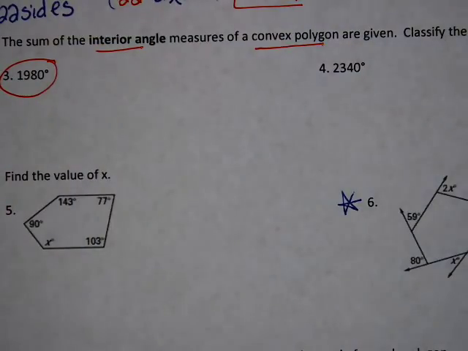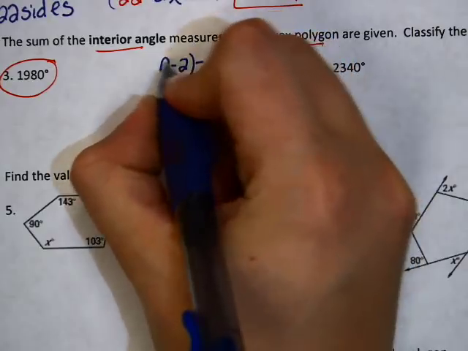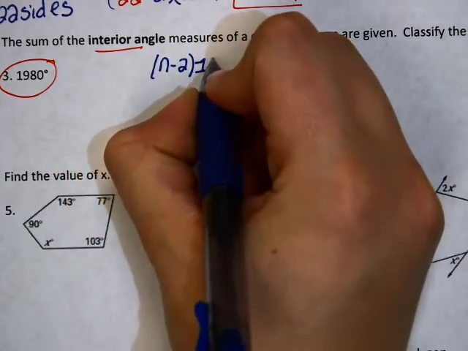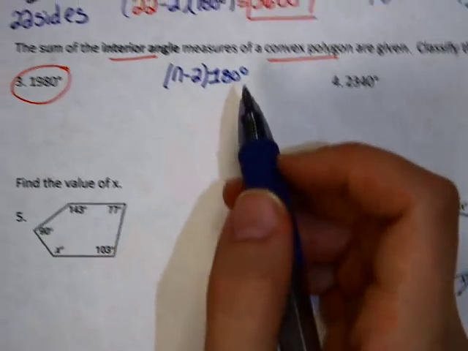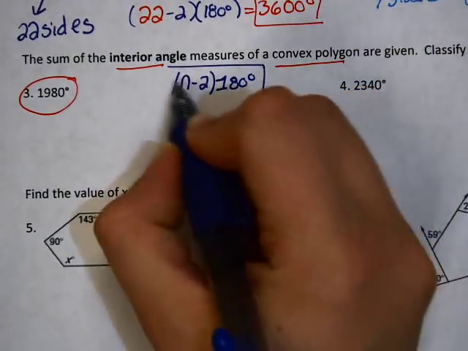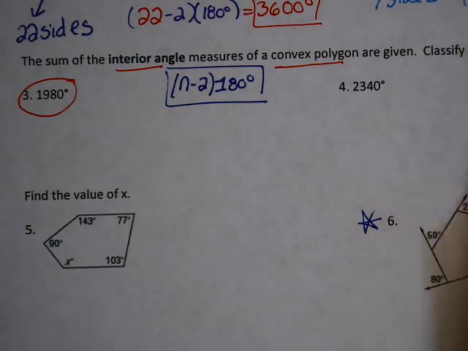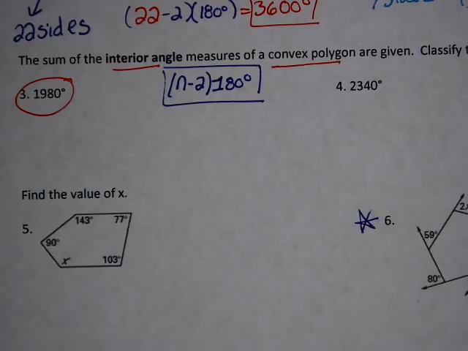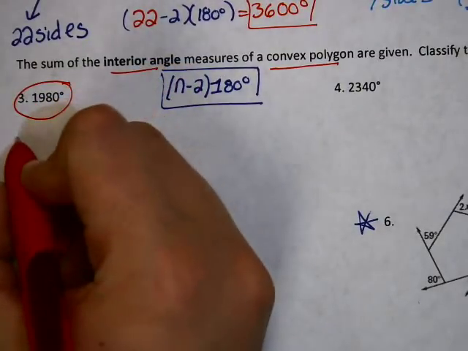We're still using our formula, n minus 2 times 180 degrees, but we're going to set that equal to our total that's given. Then it says to classify the polygon by the number of sides. So once we find that number of sides, then we can classify it. Let's start with this one.